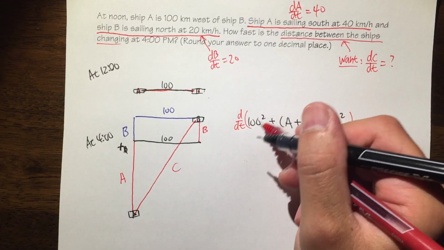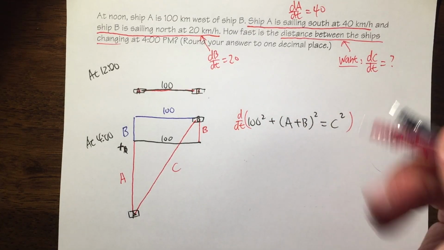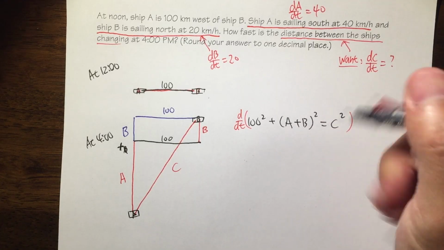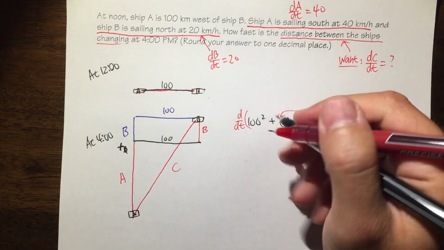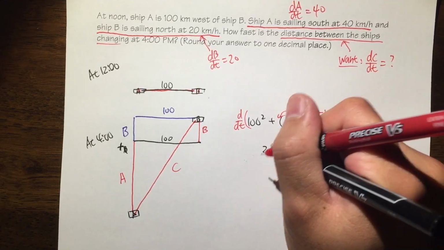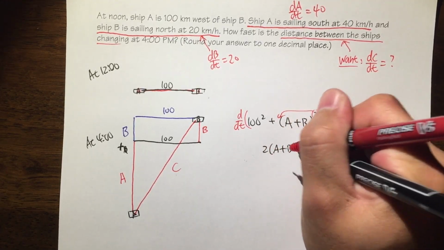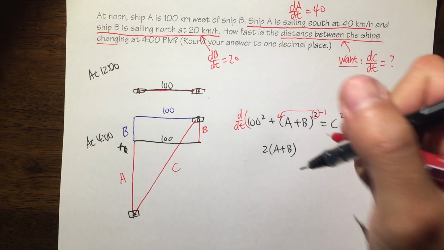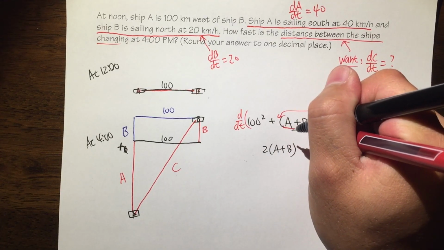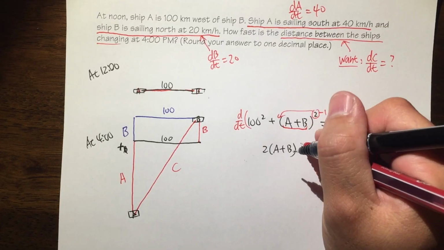The derivative of 100 squared is 0, that's nice. And then for the derivative of this, I will bring the 2 to the front and then minus 1. So I get 2, and then the inside stays, which is A plus B, to the first power. But the chain rule says we have to multiply by the derivative of the inside.